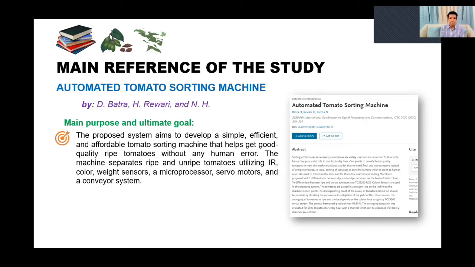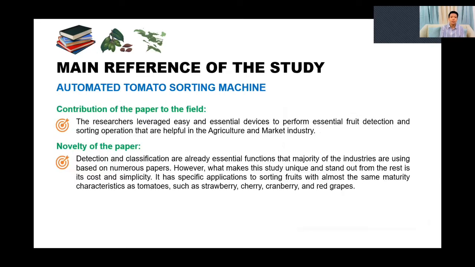So, for the contribution of the paper to the field, the researchers leveraged easy and essential devices to perform essential fruit detection and sorting operation that are helpful in the agriculture and market industry. For the novelty of the paper, detection and classification are already essential functions that majority of the industries are using based on numerous papers.